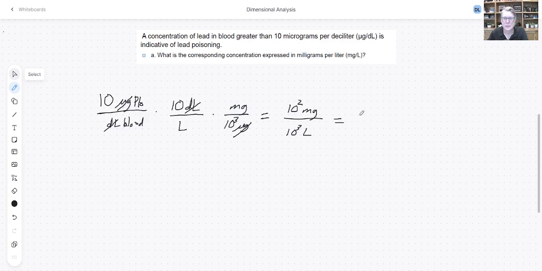Let's simplify this a little bit by dividing the numerator by the denominator, and we are left with 0.1 milligrams of lead per liter of blood. So in words, 10 micrograms per deciliter is equivalent to 0.1 milligrams per liter.